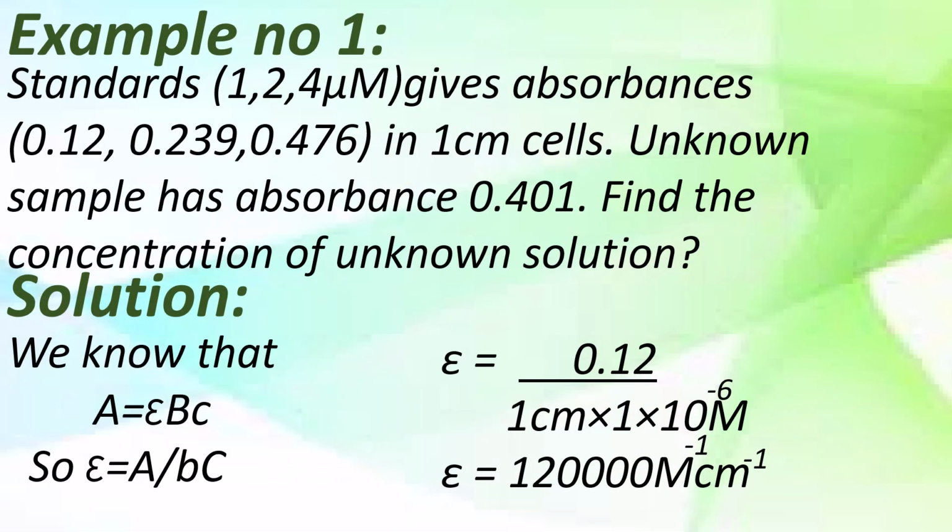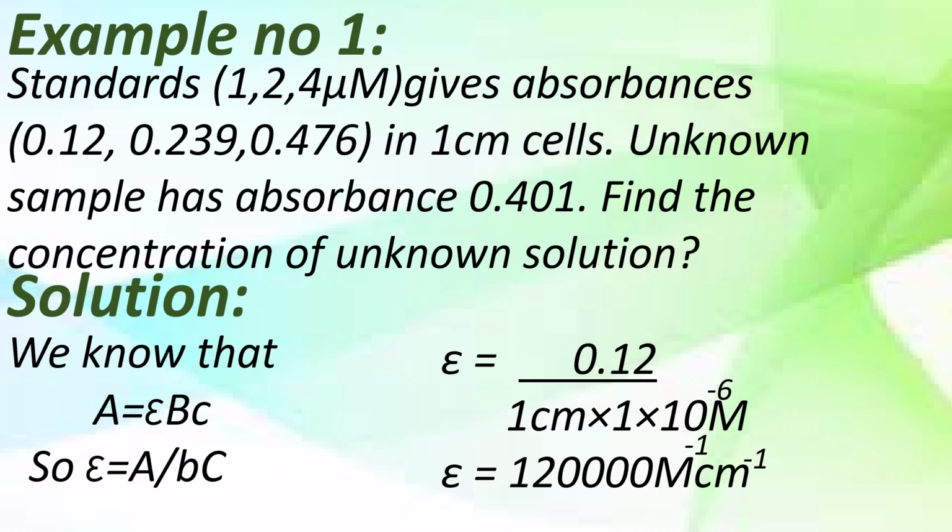Example number 1. Standards of 1, 2 and 4 micromolar give absorbances 0.12, 0.239, 0.476 in 1 centimeter cells. Unknown sample has absorbance 0.401. Find the concentration of unknown solution.